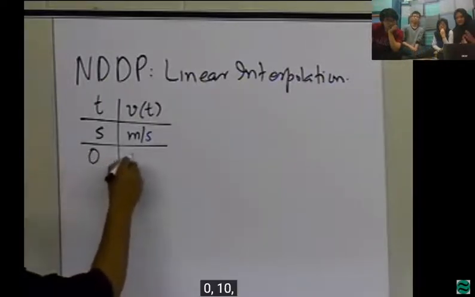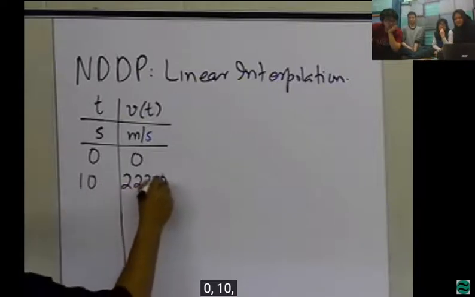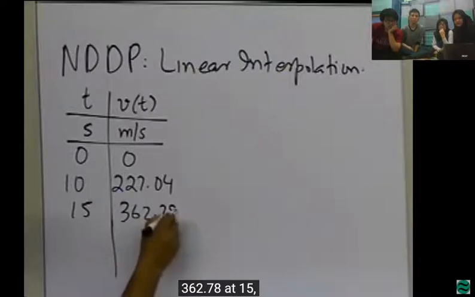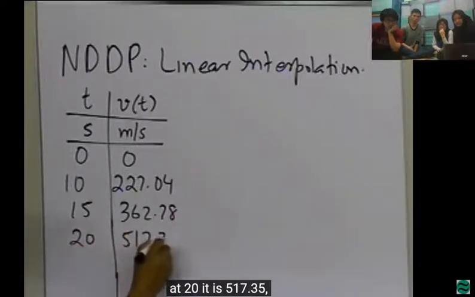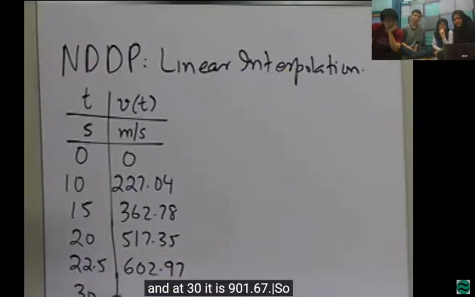It's given as 0, 0, 10, 362.78 at 15. At 20 it is 517.35. At 22.5 it is 602.97. And at 30 it is 901.67.